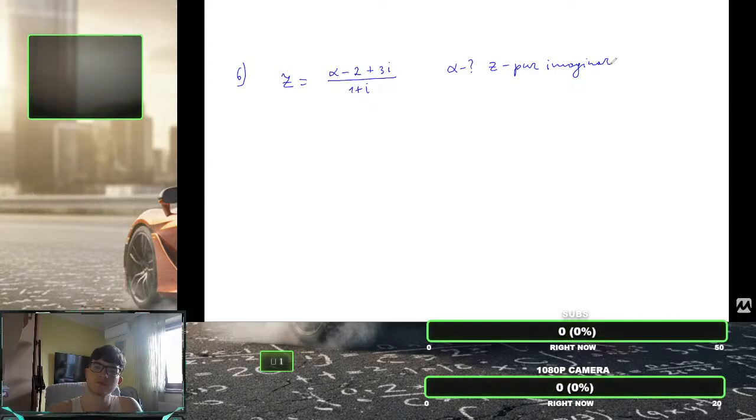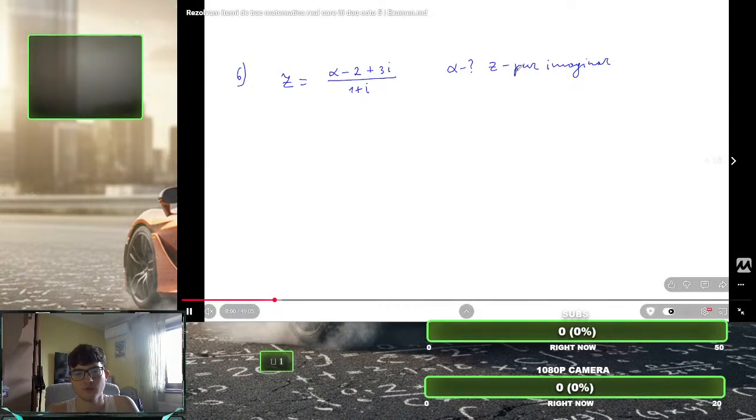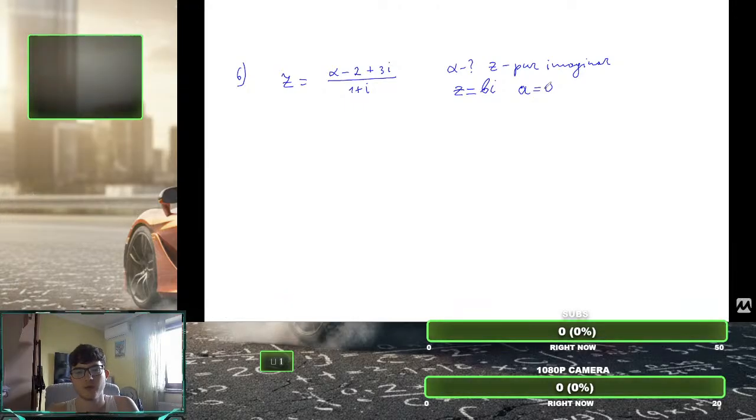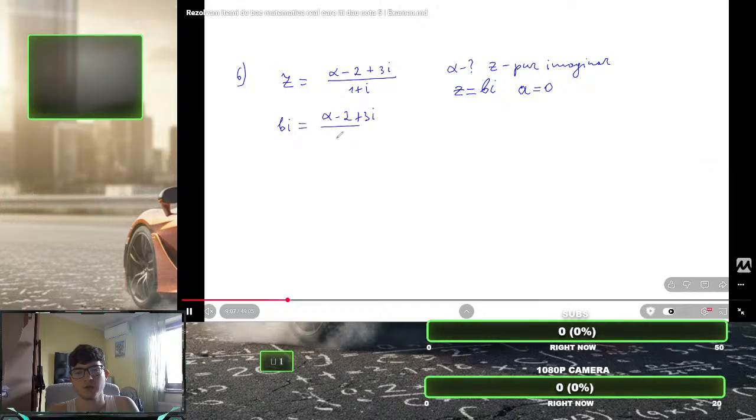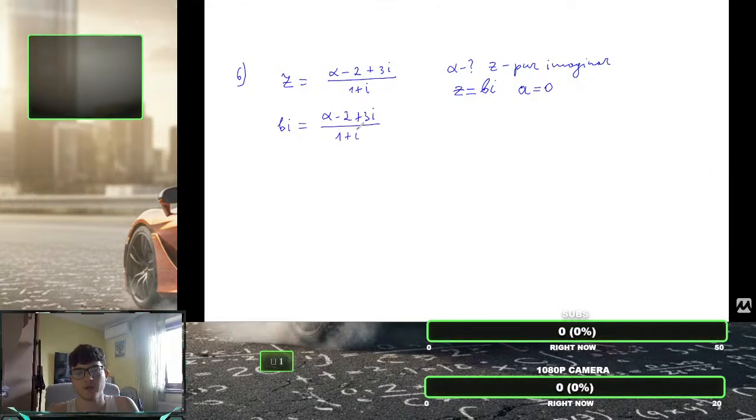Alright. So a is equal to 0, like I have previously remarked. And now working with bi. So bi is that.